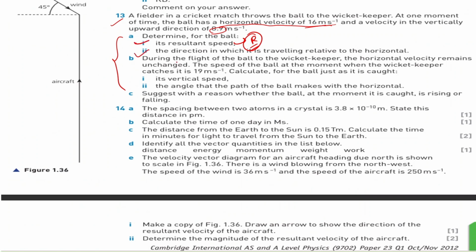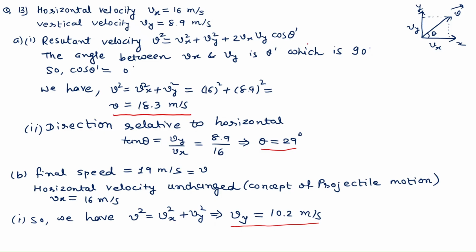Now the second part: they ask the direction in which the ball is traveling relative to the horizontal. So we have to answer the direction of the ball. Okay. So for this, we can say that from this triangle, tan theta is equal to the opposite side Vy upon the adjacent side Vx.